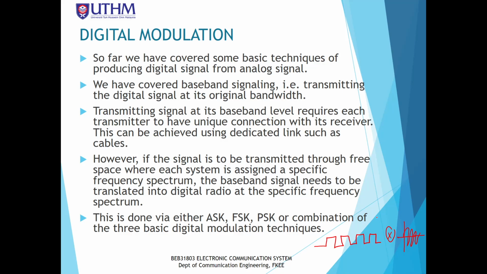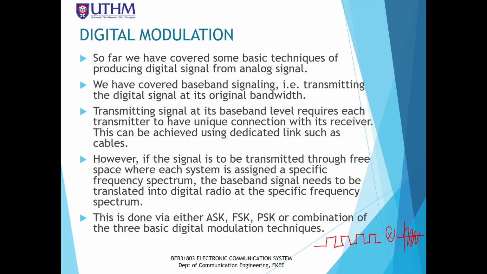So when we modulate with the analog carrier, it will change the characteristic of the carrier. Remember, when we modulate with the carrier, the characteristic of the carrier will change according to the input. Our input only has two states, logic 1 and logic 0, different from the analog system where the input has infinite states.